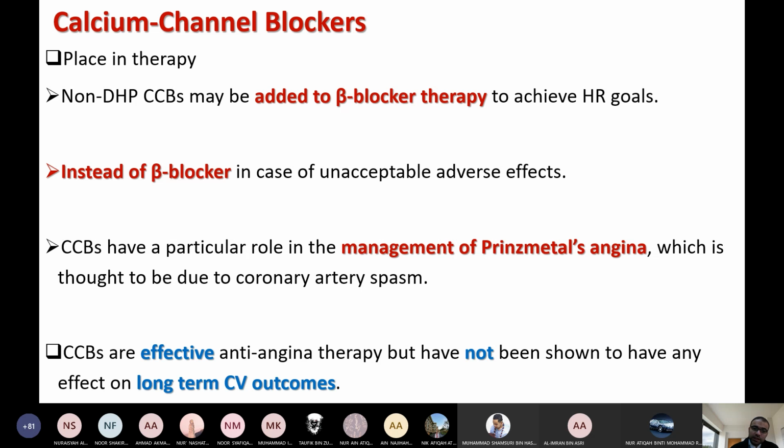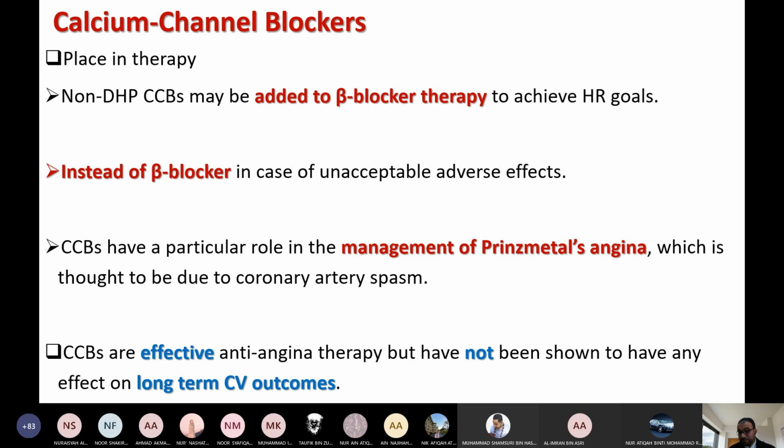The second, also of great importance, is the calcium channel blocker. Calcium channel blocker, of course, as you know from your pharmacology background, we have non-dihydropyridine and dihydropyridine. So it is good to know first that the non-dihydropyridine can be added on to the beta blocker to help achieve the heart rate goals. Also, they can replace the beta blocker in case of clear contraindication or severe adverse effects with the beta blocker.